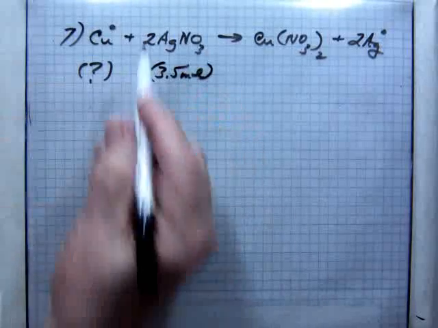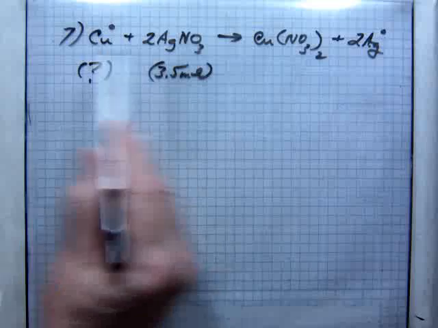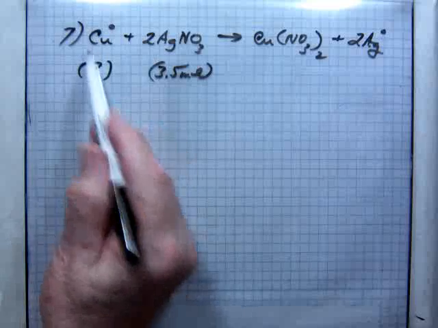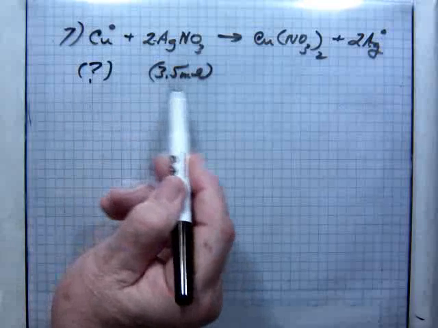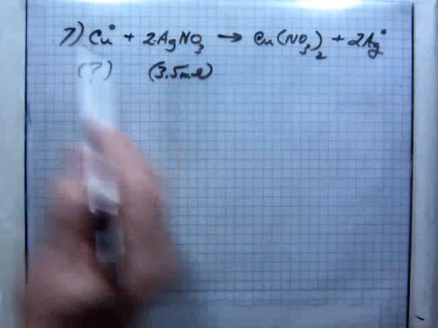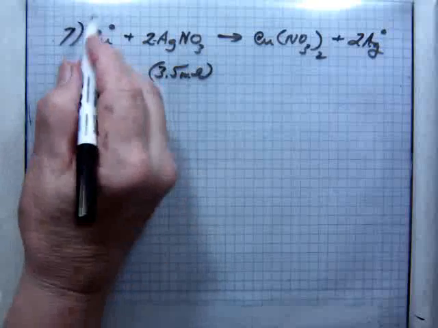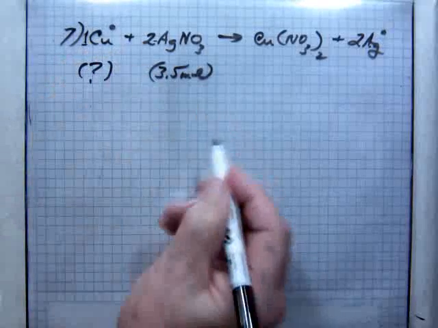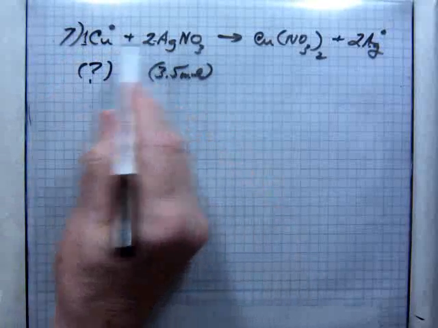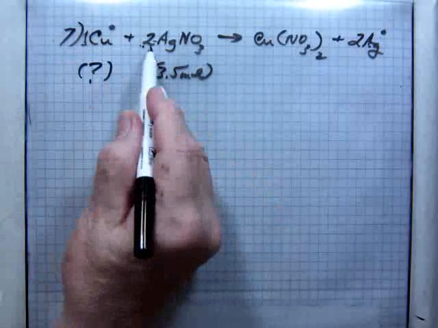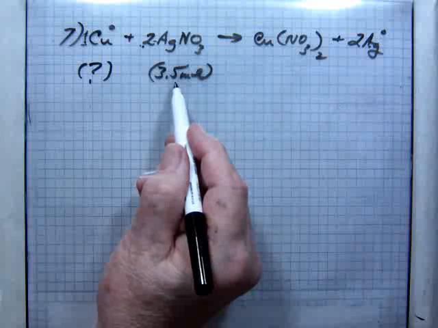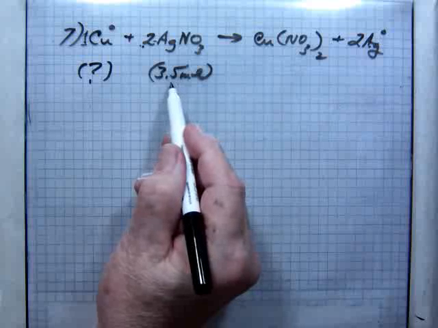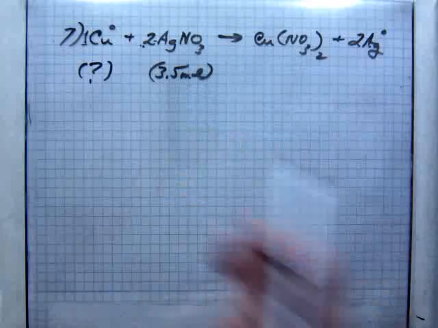So what are we looking at? 2 to 1. So the number of moles of copper will be less than the moles of silver nitrate given. It's a smaller number over here. It's a 1. Okay? So if I take the ratio of 1 and 2 times whatever I'm given to generate a smaller number, then I'll have the right answer.